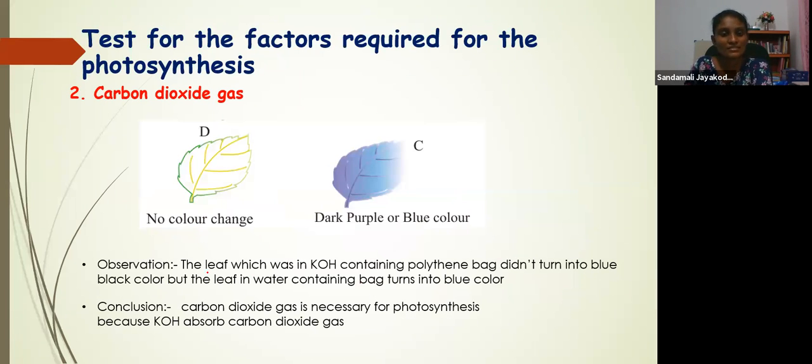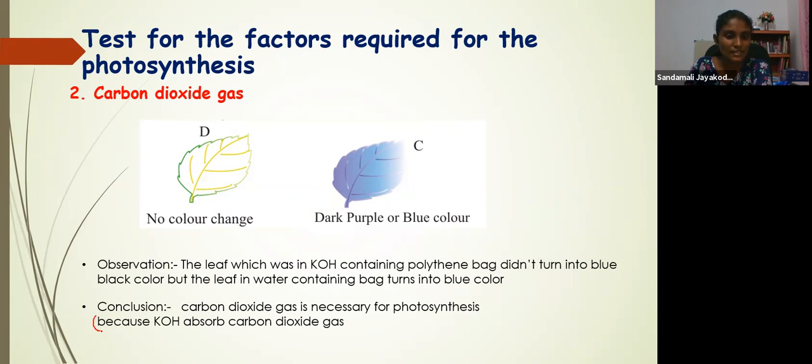So our observation is that leaf C became blue black in color and leaf D didn't give a color change. So our conclusion is that carbon dioxide gas is necessary for photosynthesis.